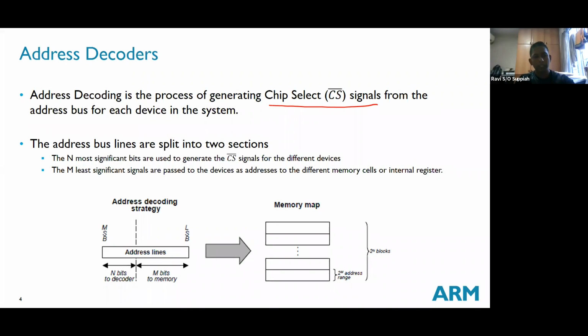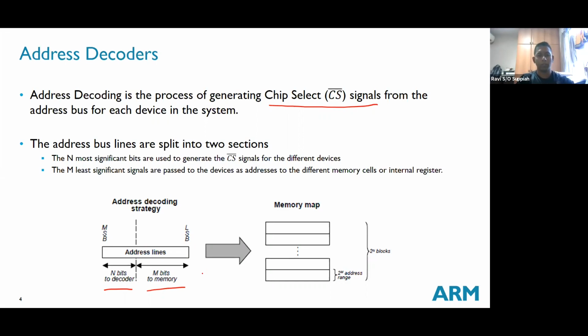The strategy behind it is that we look at the address bus and break it up into two parts. The lower bits go towards the memory system, or the register of whichever device you're mapping to, and the upper bits go to the decoding.